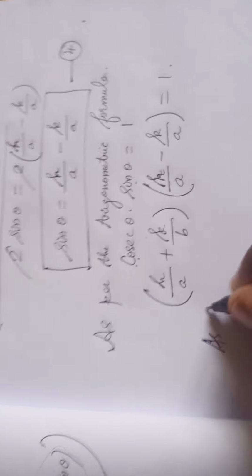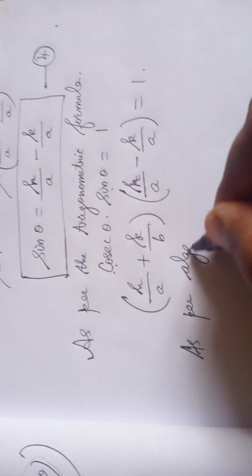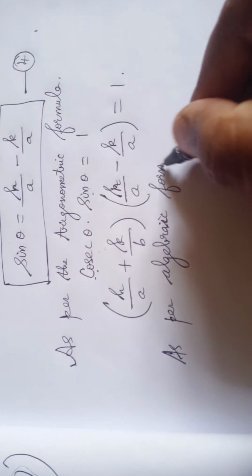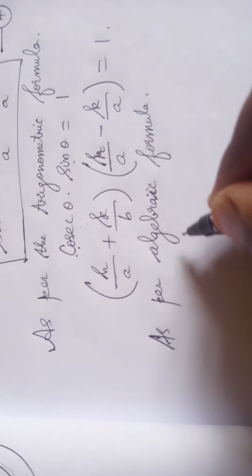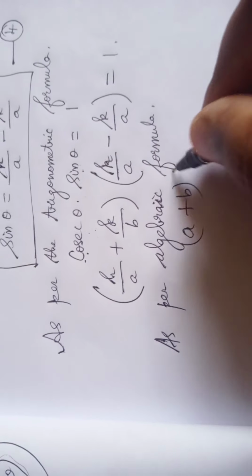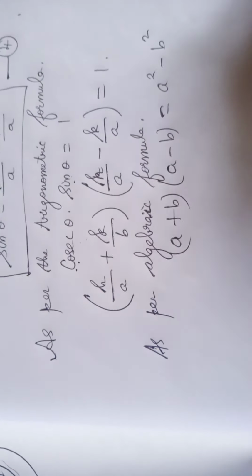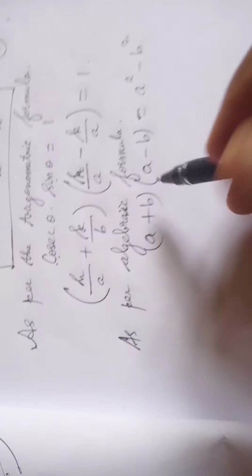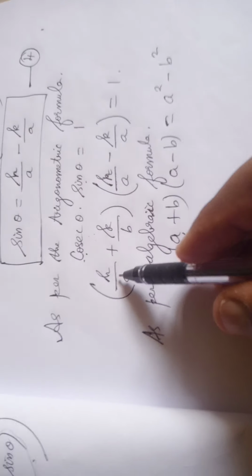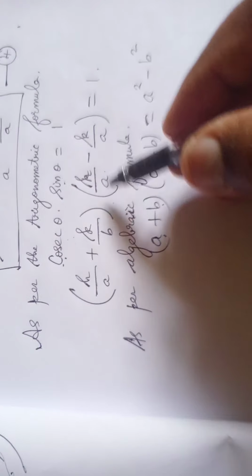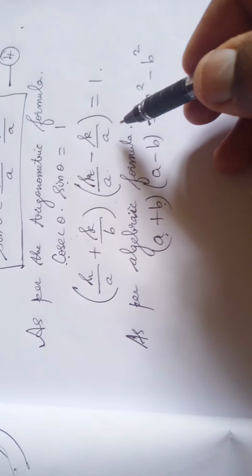Now as per the algebraic formula, (a + b)(a − b) equals a² − b². Here a is h by a, and b is k by b.